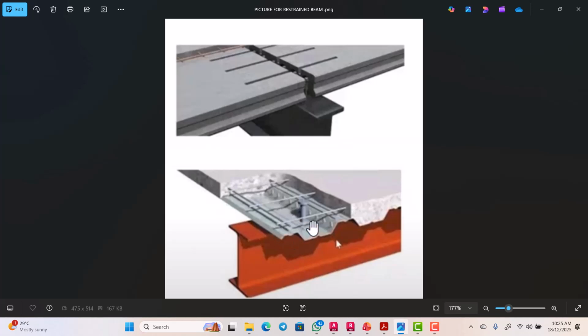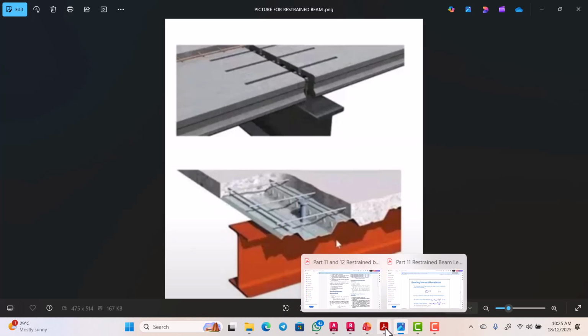So now this is a connector stud, and this connector stud is welded onto the top flange, which prevents this beam from moving either laterally or maybe vertically. So this is an example of a restrained beam. This is an example of a restrained beam. So we go back.